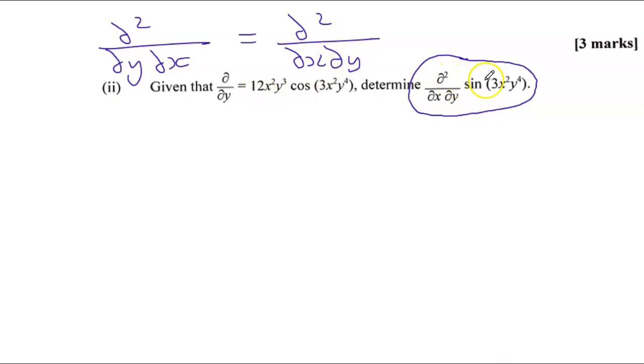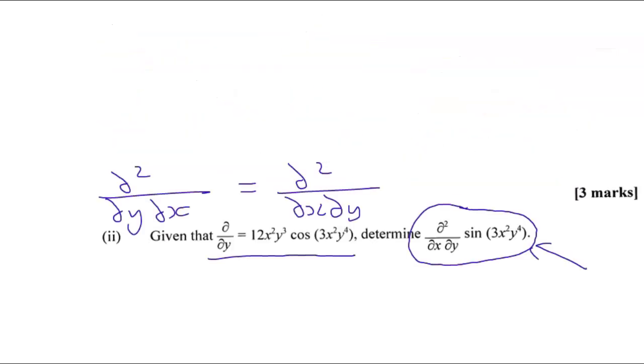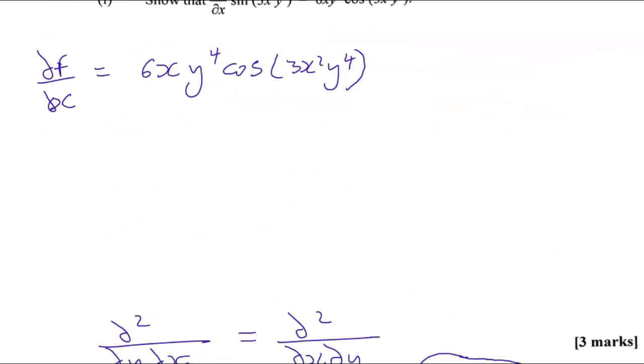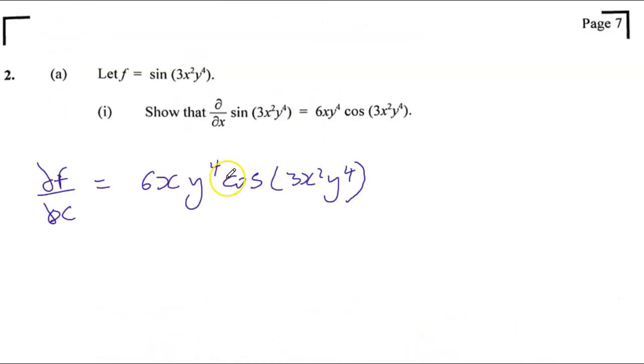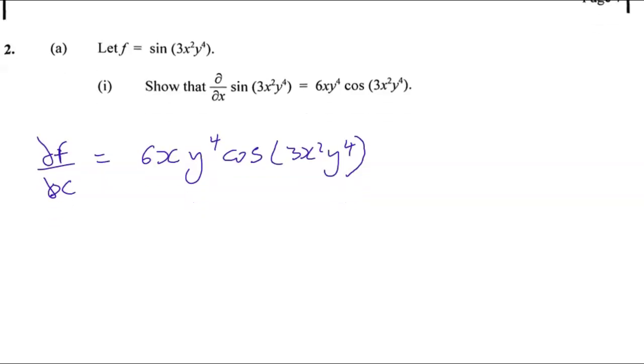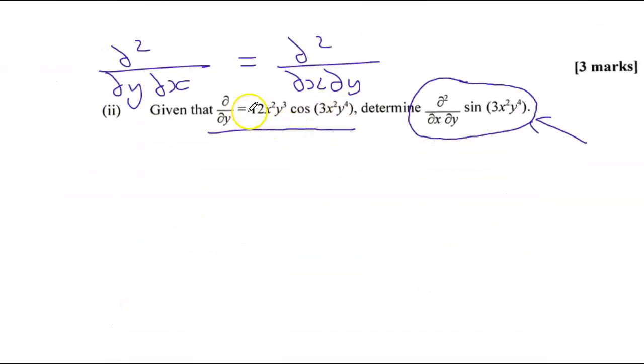So we could find this, what I circled here, by differentiating this function with respect to x, which we already did in part 1, or by differentiating this same function with respect to y. Either way, it doesn't matter. Here we have the derivative; they gave us the derivative with respect to y. So this is what we're asked to find.